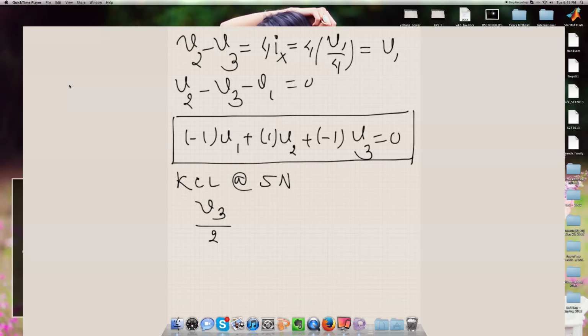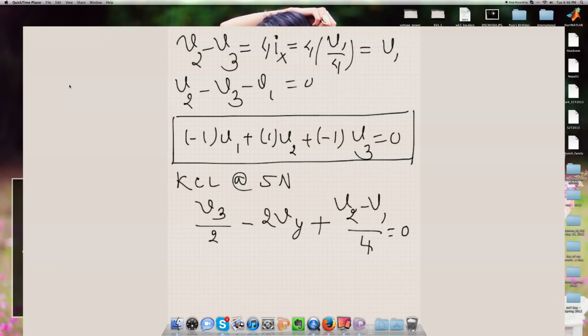What else? Coming from the left onto node number 2, we have 2 times V sub y coming towards the supernode. So using passive sign convention, that's going to be a minus sign. Then up through the bridge, V2 minus V1 over 4. That's the voltage drop across the 4 ohm resistor, and this is leaving the supernode. So plus sign, equals 0.